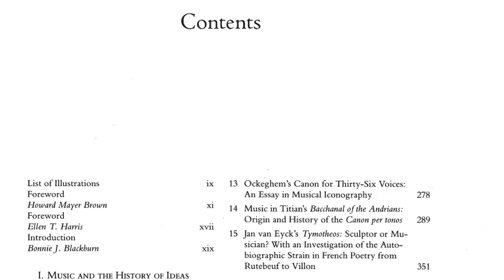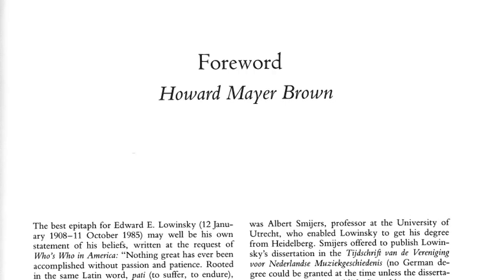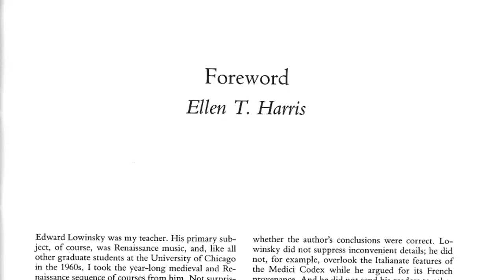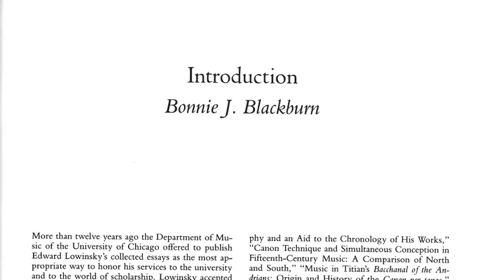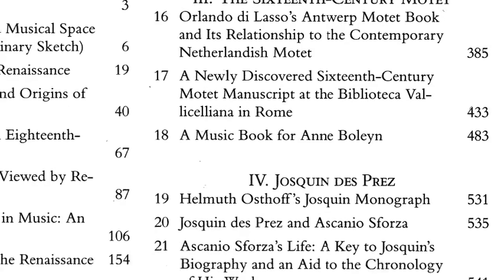The front matter of this work includes a table of contents, a table of illustrations, plus 2 forewords, and 1 introduction. The table of contents lists large sections and individual essays without mapping subsections of essays as some do.